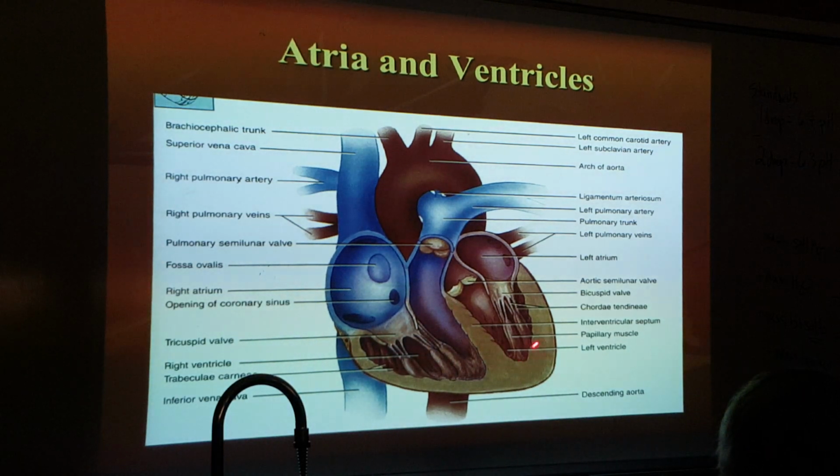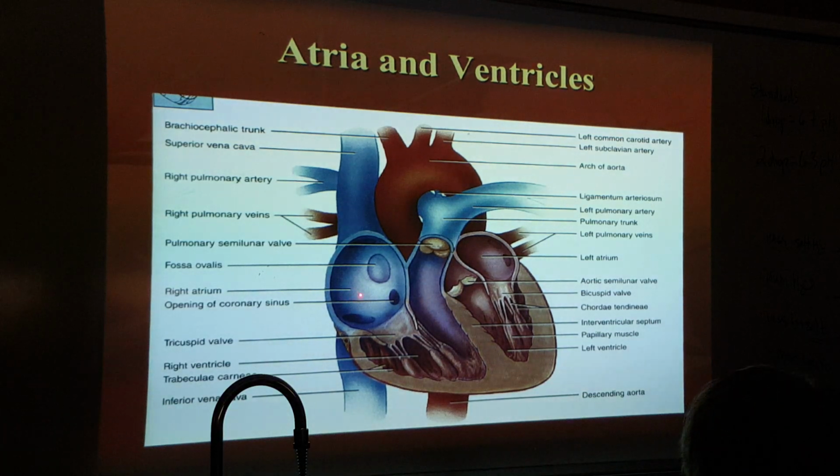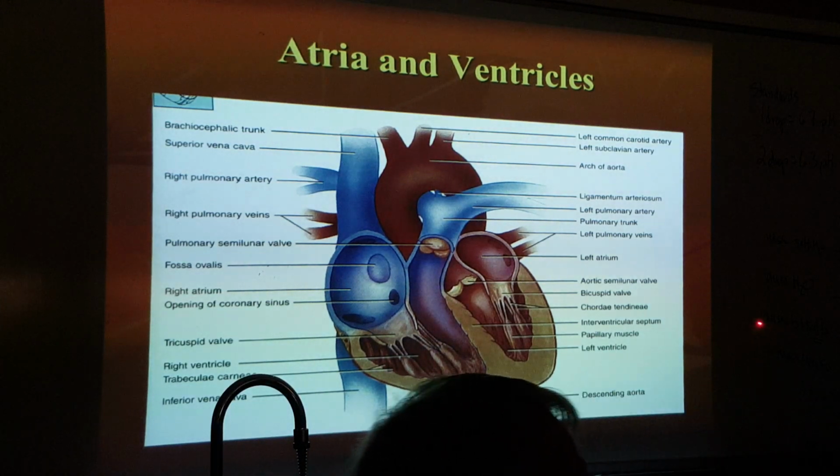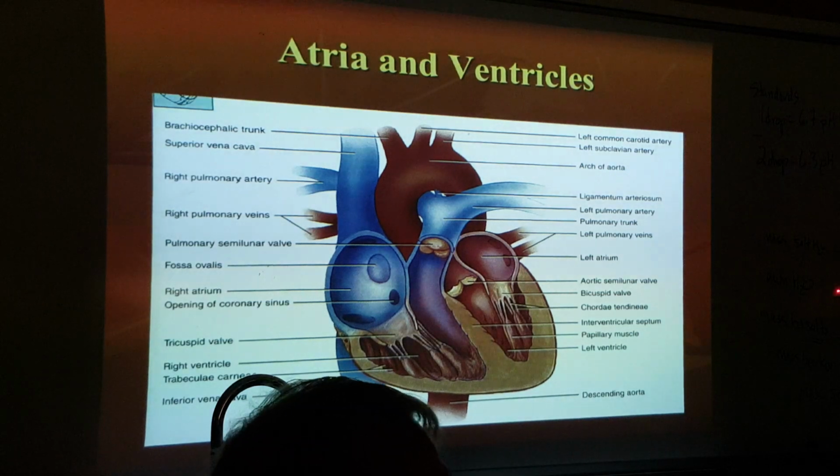Notice that they have much thicker walls because the pressure in them is much higher because they are pumping. But the blood is coming in constantly from all over the body, so we must have receiving chambers, a place for the blood to come while the pumps are pumping, because the pumps can't be receiving blood all the time, since about half the time they're busy pumping.